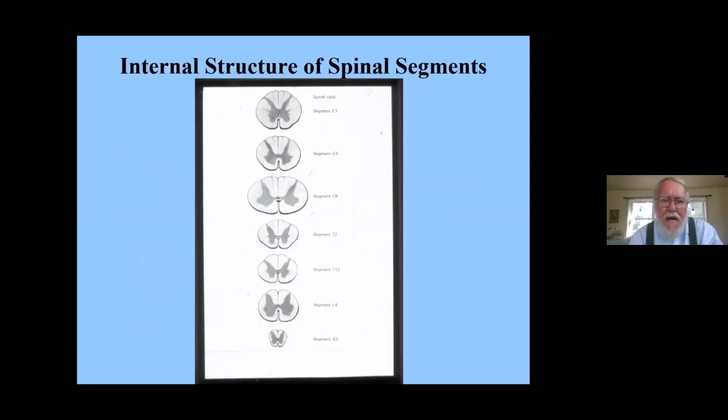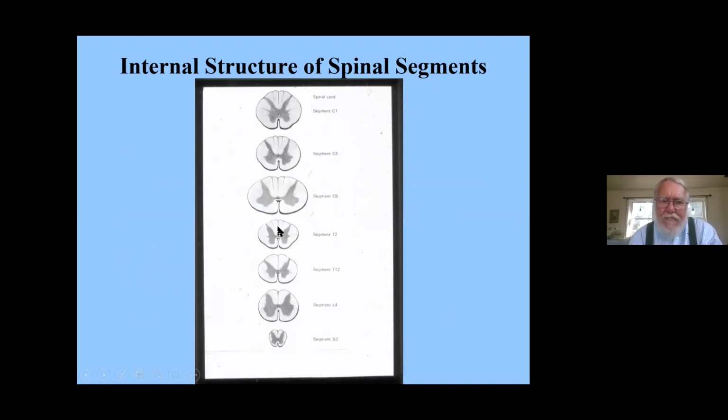So if we go back and look at this, in the cervical level we saw the dorsomedial septum and the dorsolateral septi, so we have a fasciculus gracilis and a fasciculus cuneatus.